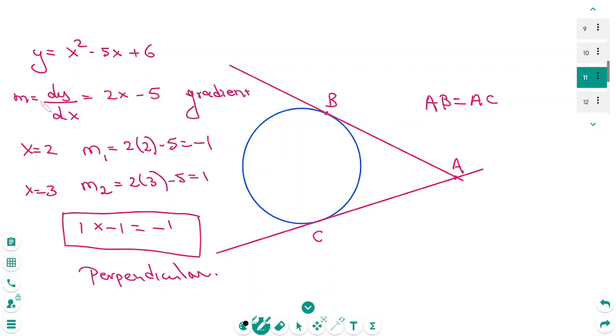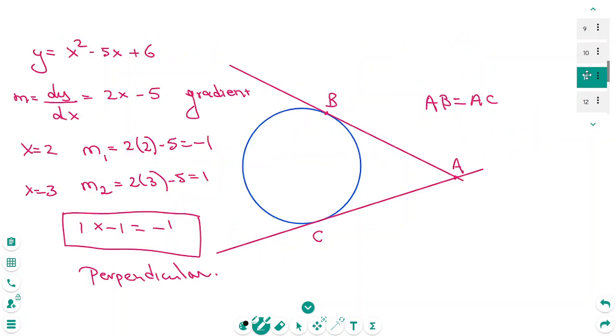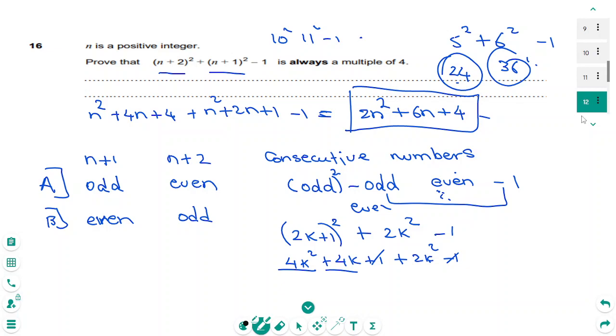The gradient is the same as the derivative. So if I find the derivative of the quadratic at the 2 points, P and Q, I can also find the gradient of the tangents. And if they meet this equation, then it has to be perpendicular. So I found the derivative, I used the points 2 and 3, and I found that one is -1 and the other is 1, which proves that the equation is true. So it must be perpendicular.